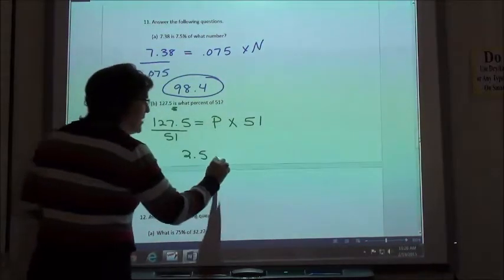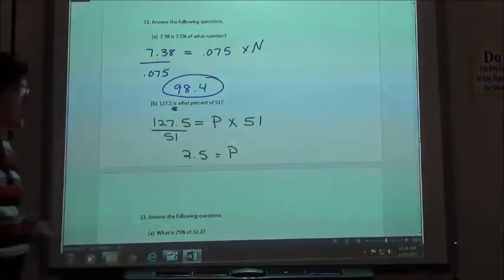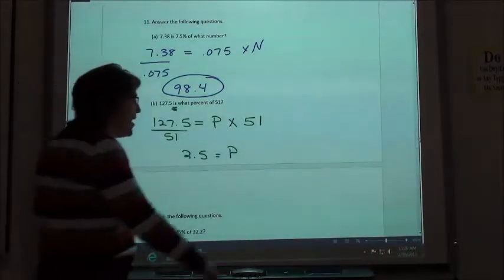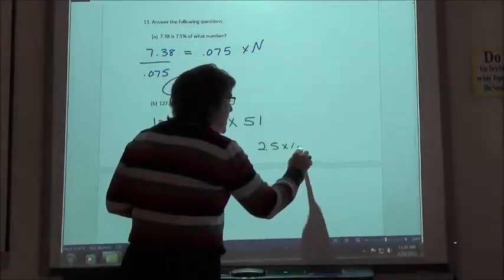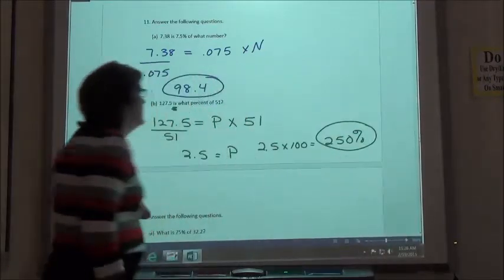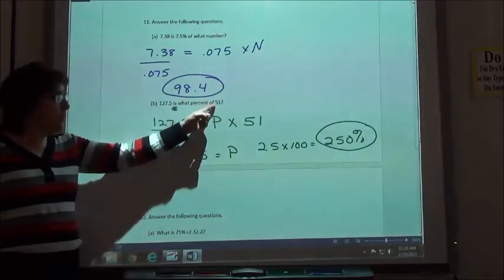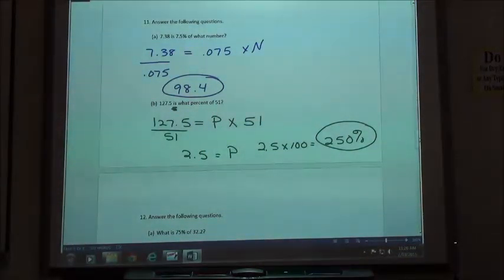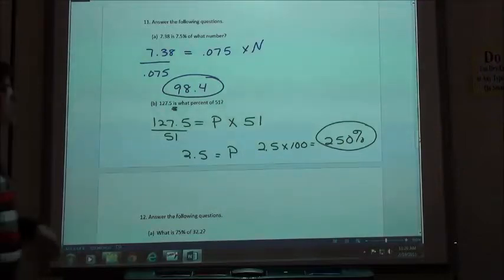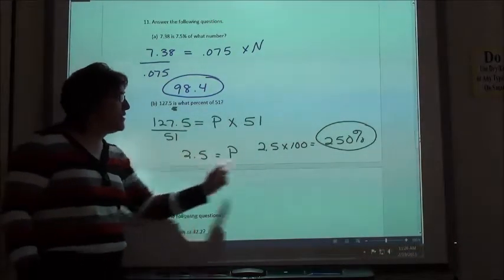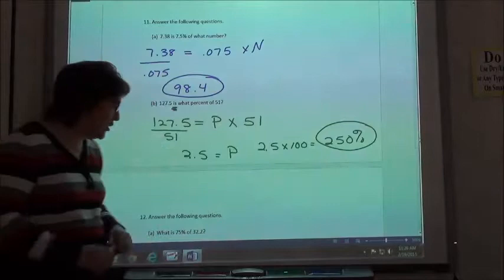I still need to change my decimal into a percent, so I have to multiply it by 100. 2.5 times 100 gives me 250%. Right? 200% would be twice as big as that, and we have 250%, so it's more than twice as big. So whenever I ask what percent, I get this value, I still have to multiply it by 100 to change it to the percent.